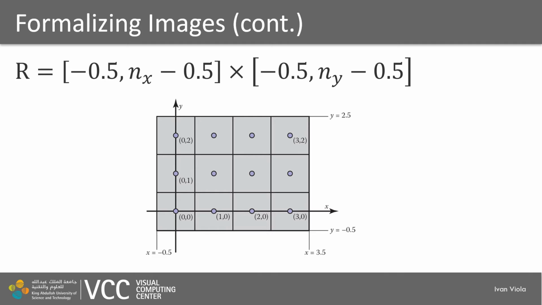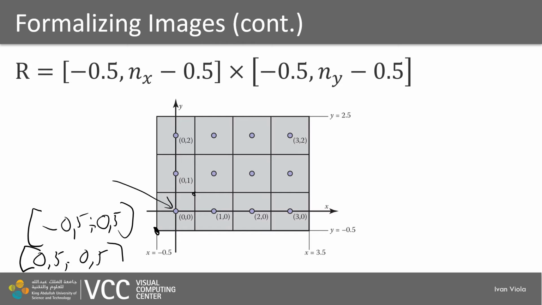And here we can see that pixel element 0, 0 is actually defined in an area from minus 0.5, minus 0.5 to 0.5, 0.5.